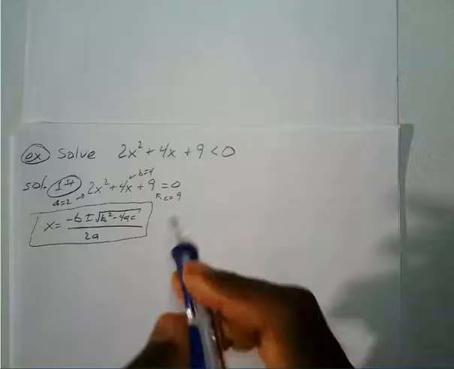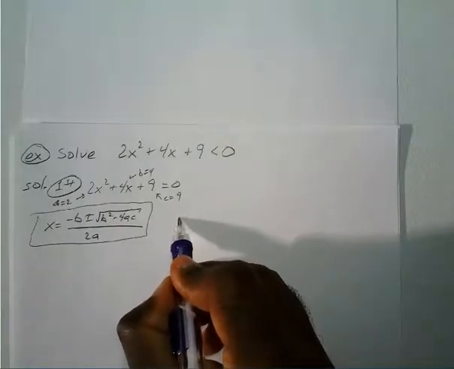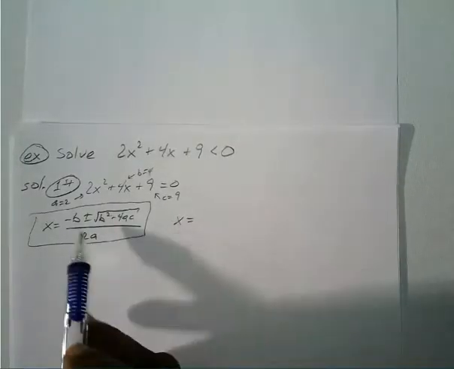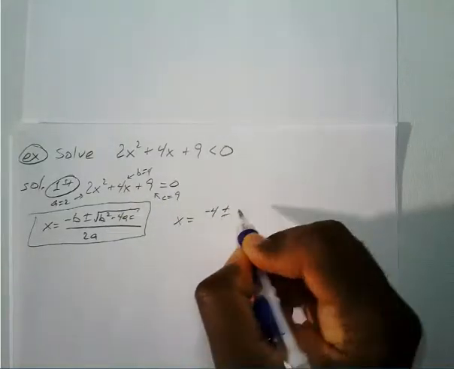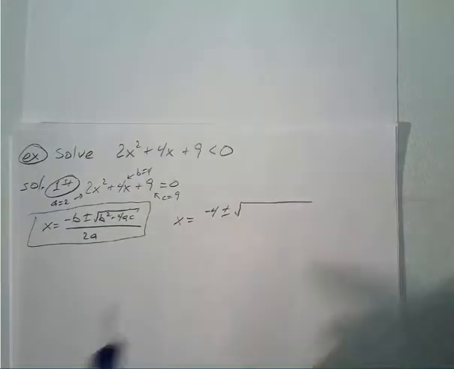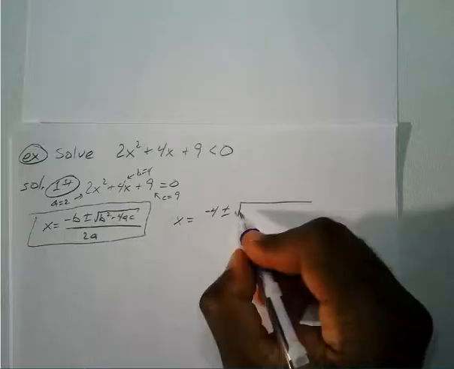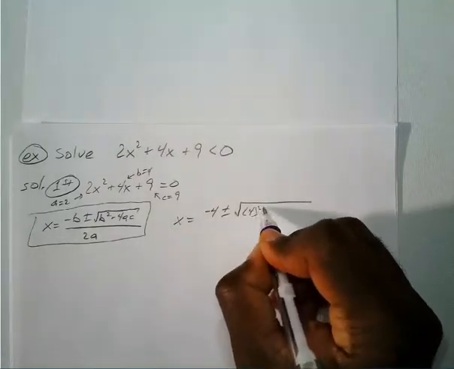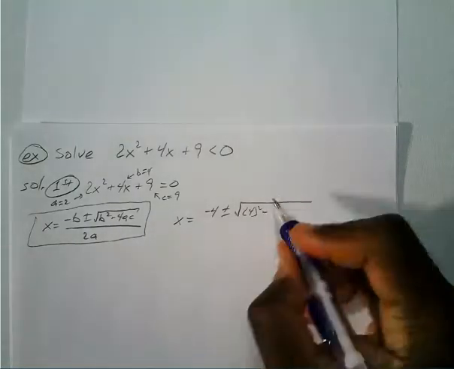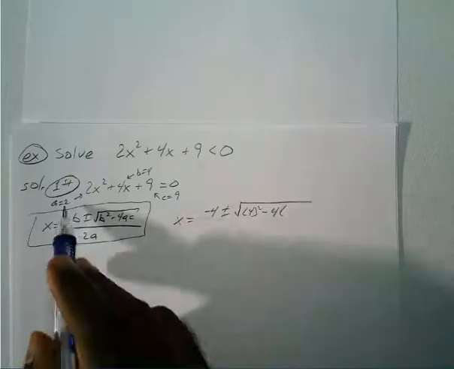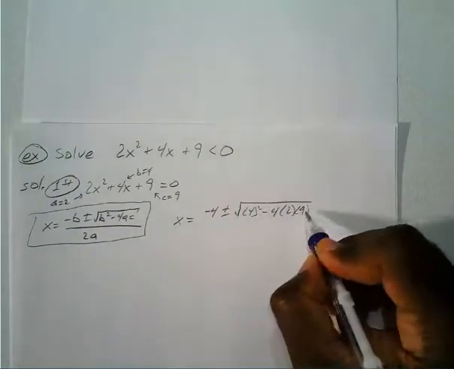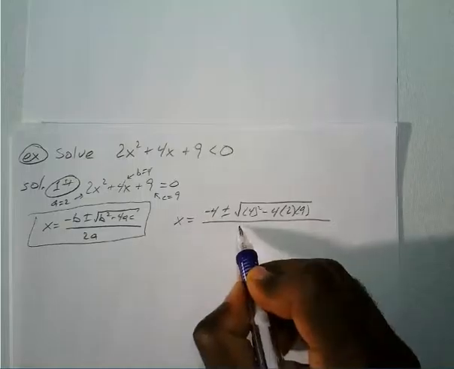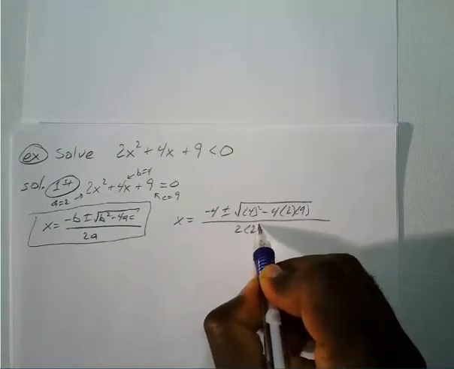Okay, so if we go ahead and plug everything in, we know x is equal to negative b, so that's negative 4, plus or minus the square root of b squared, so that's 4 squared, minus 4 times a times c, all over 2a, which is 2 times 2.